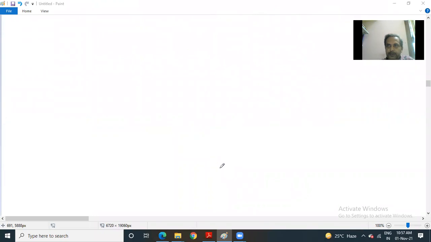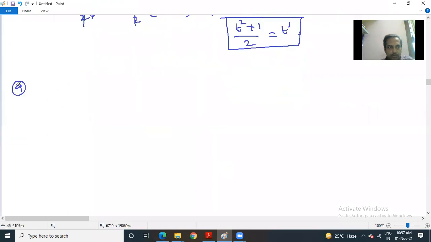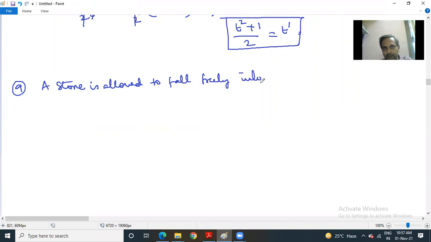This is the last application, I think the 9th one. A stone is allowed to fall freely into an open well of depth h.